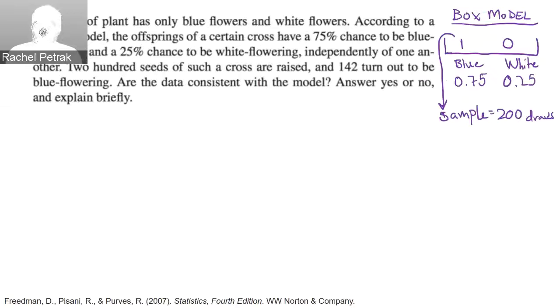Now that we've set up our model, we can think about our null hypothesis. Your book doesn't specify setting up a null hypothesis based on the box model for a counting scenario, but it's still helpful to think about.